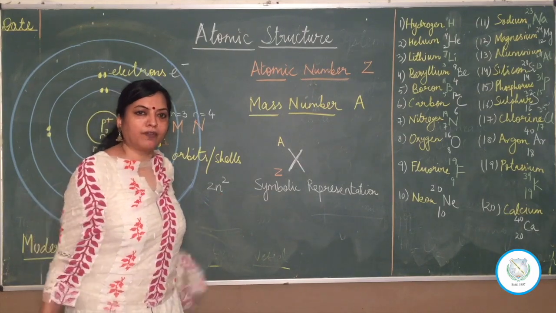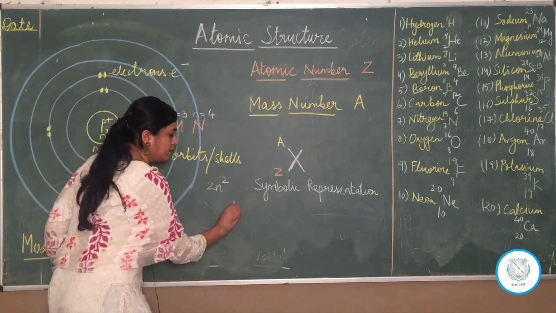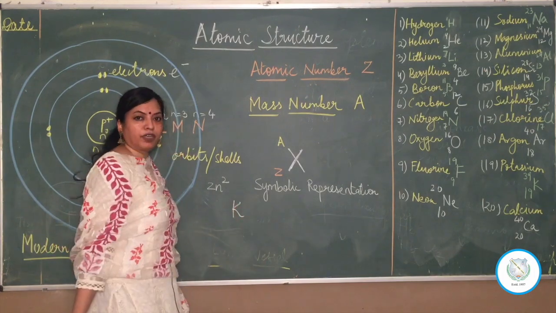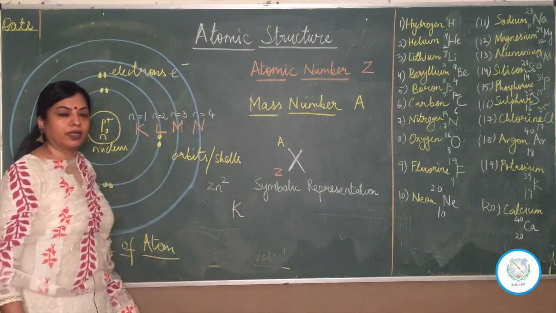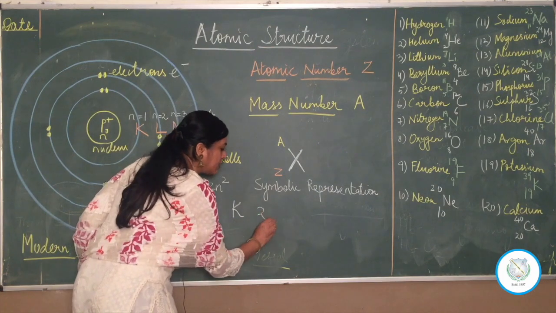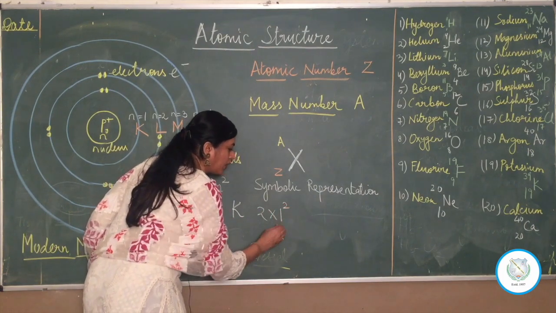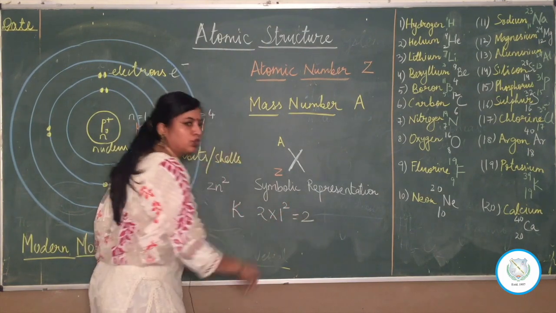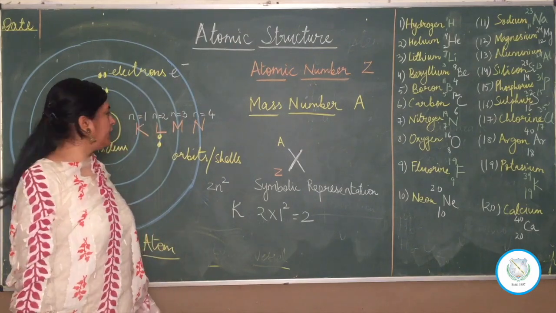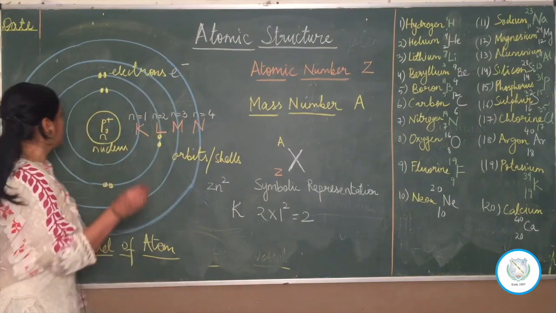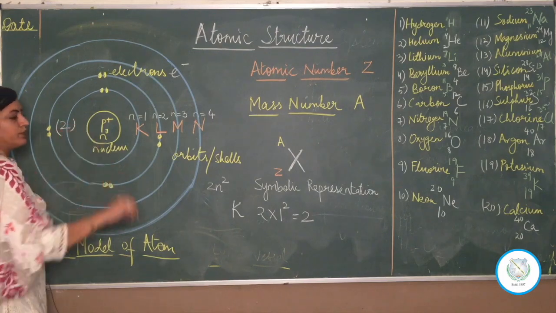So like if I have to work out for K shell, what is the shell number for K shell? N is 1. So how many electrons can the K shell accommodate? 2 into 1 square, which is what? 2. So maximum number of electrons which K shell can accommodate is 2.